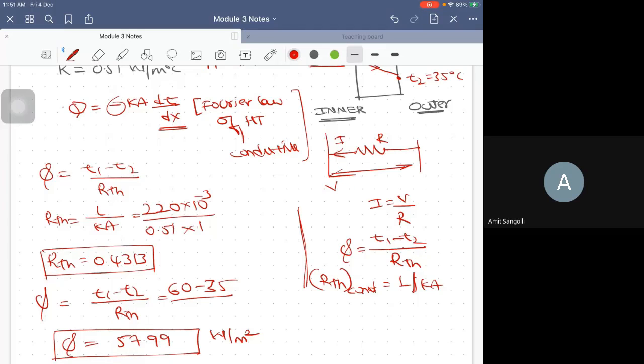Yes. Good, good, Ashanul. Nice. What about Numan? Got the value? Shashank? Shravan Pujari? Okay. Good.